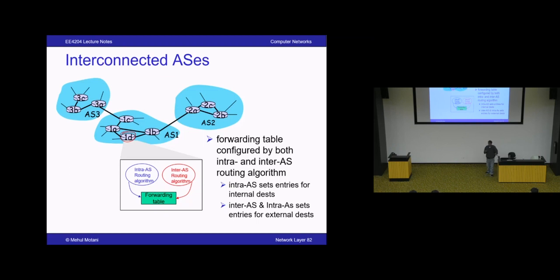Either of these could be link state or distance vector. In practice, the inter is distance vector, primarily because you need less information. But the intra within the AS can be either one, because it's under the control of the ISP, so you have the topology information.